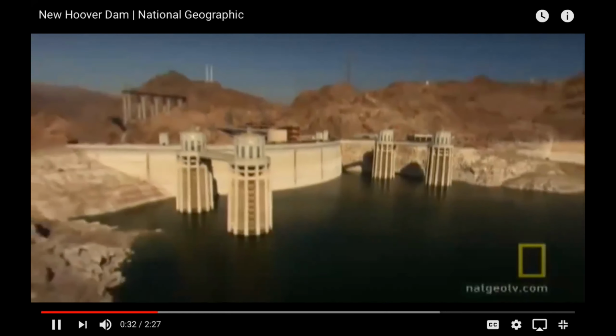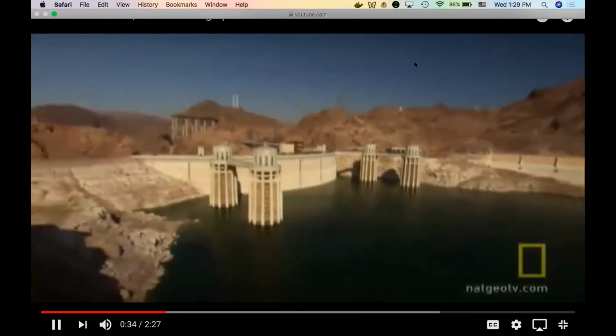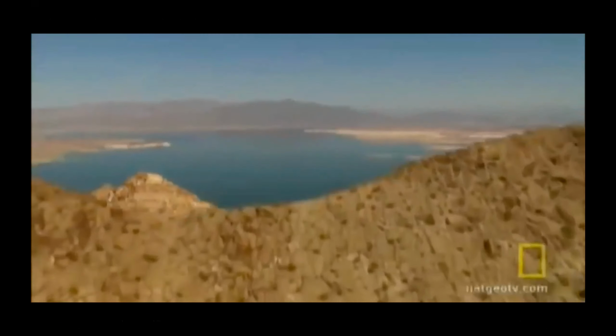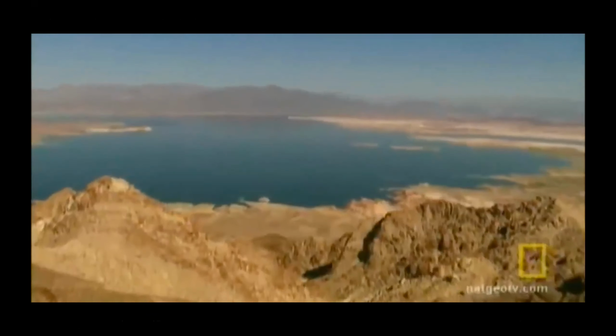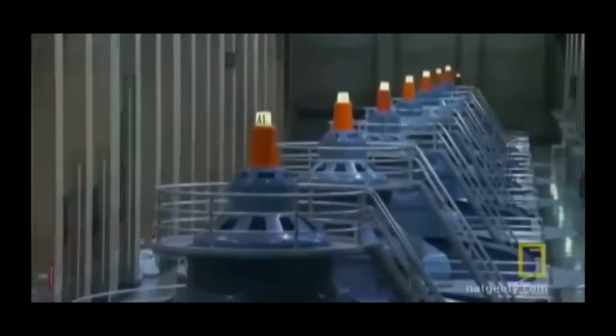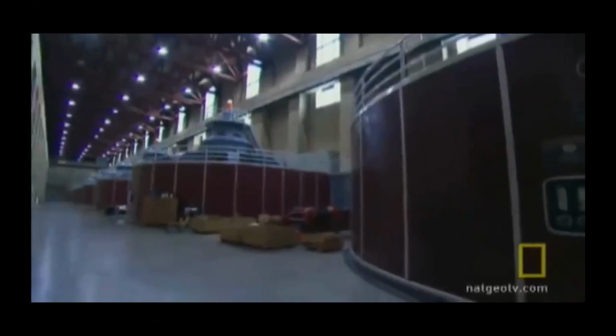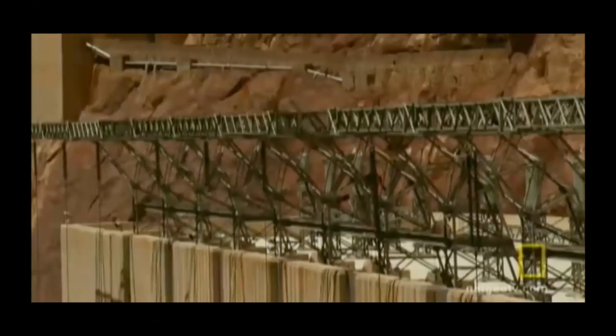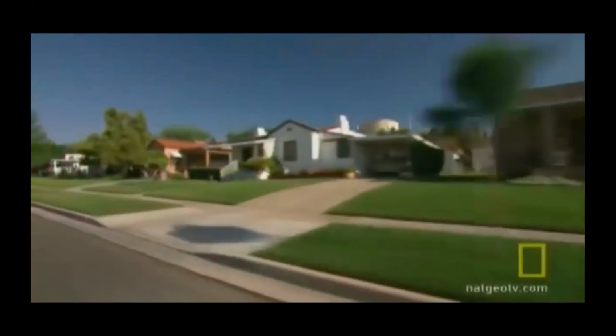The reservoir created by Hoover Dam, Lake Mead, covers 620 square kilometers and has a storage capacity of over 35 trillion liters, enough to cover the entire state of New York in 30 centimeters of water. Hoover's hydroelectric power plant has 17 generators capable of producing 2 million kilowatts of electricity, enough for 1.7 million homes.